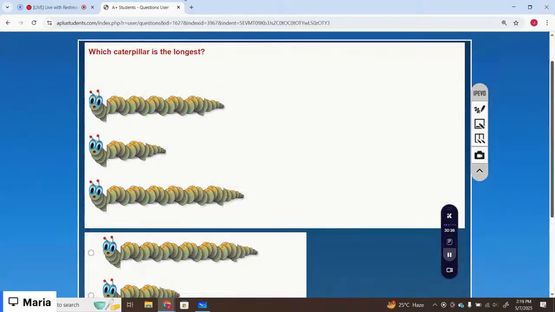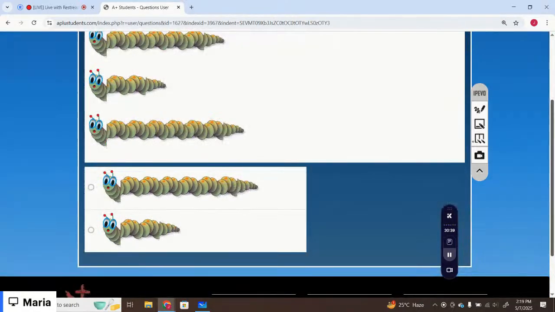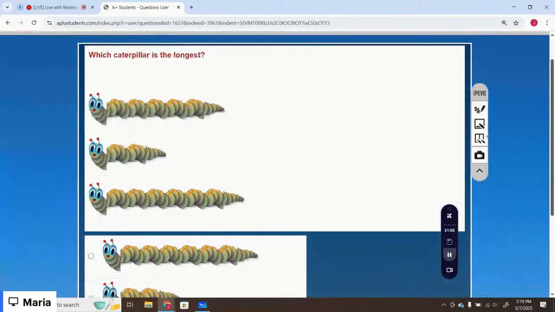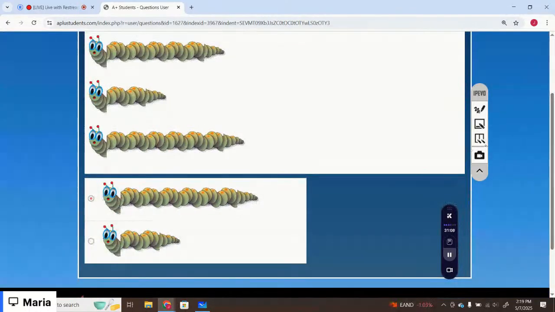Which caterpillar is the longest? Option number two is the correct option. That is the longest one.